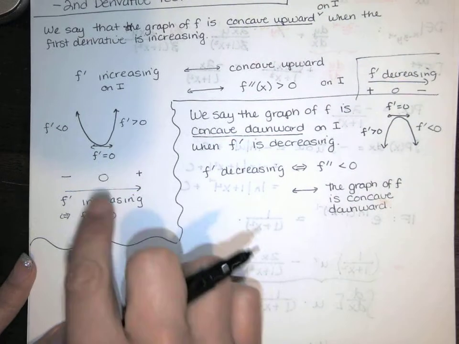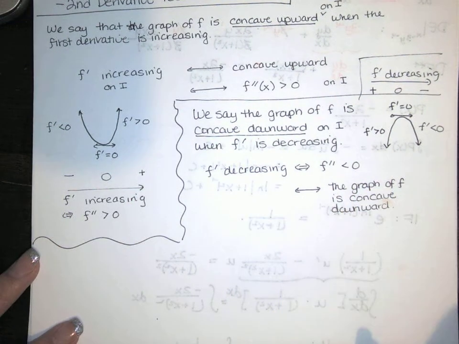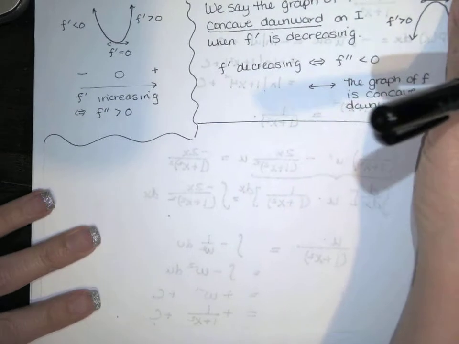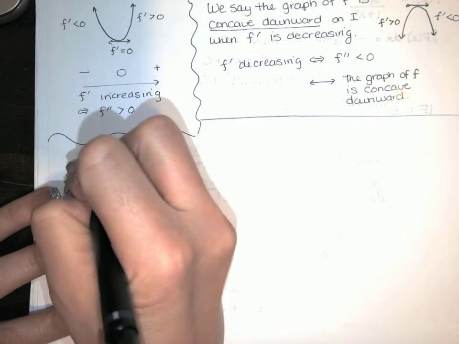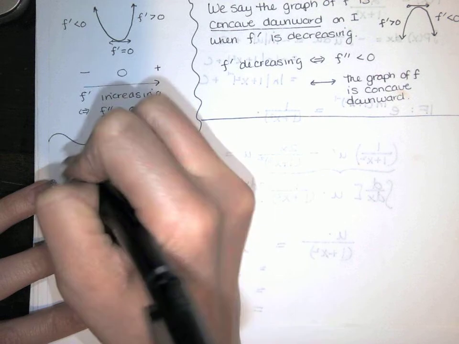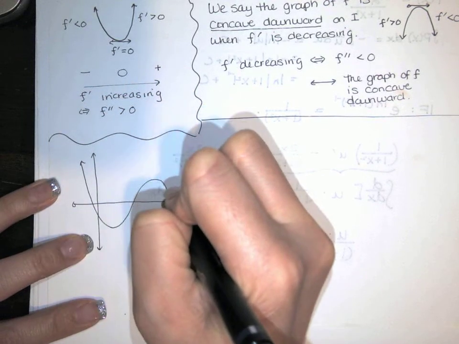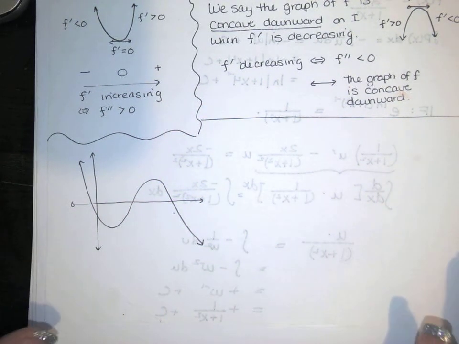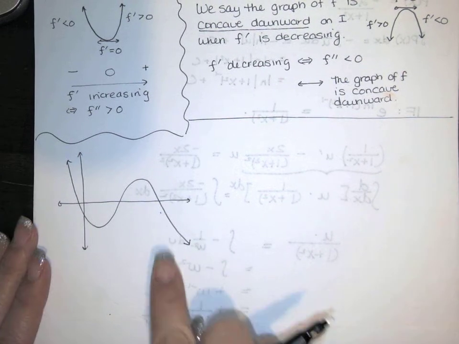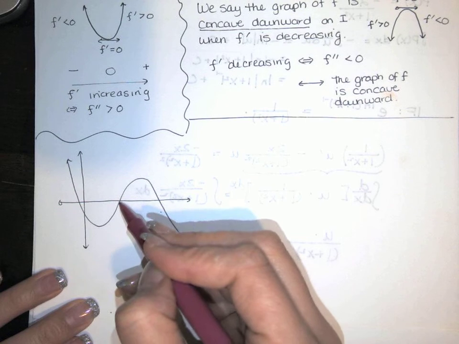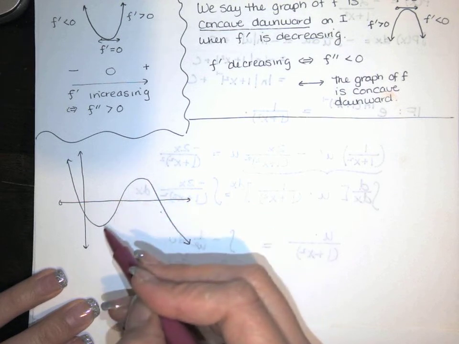Now most graphs are not concave upward all the time or concave downward all the time. Most graphs have intervals where they're concave upward and intervals where they're concave downward. So maybe you have something that looks like this. See how this is concave upward for a while and then somewhere in between it switches?